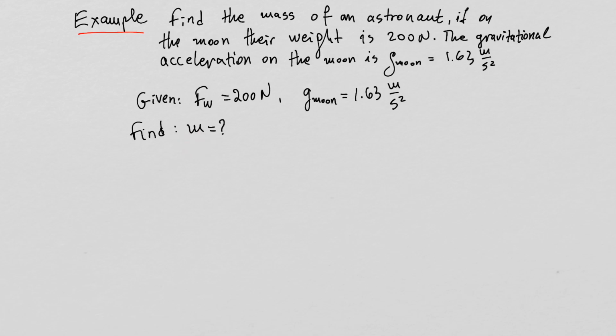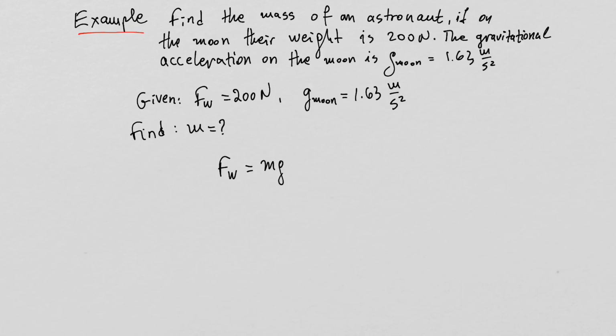So again, I will use the formula that calculates weight. So Fw is equal to m times g. And since I'm looking for the mass, I will leave the mass m alone on the right side of this formula and move g to the left side.